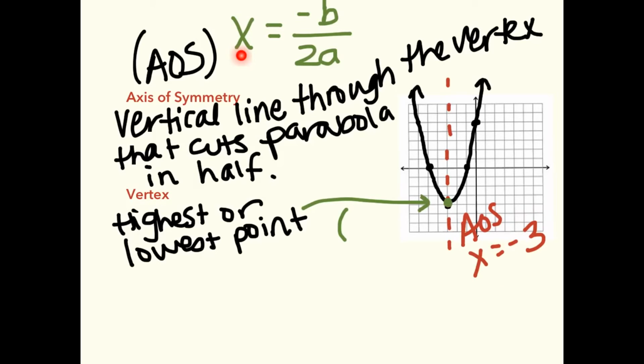So once you find your axis of symmetry, you have the x part of your vertex. In this case, we know it's negative 3. Then you could plug this negative 3 into your quadratic equation, which is in standard form, and find y. You could also look for it on the graph, which in this case, negative 1, 2, 3, 4, would be negative 4.